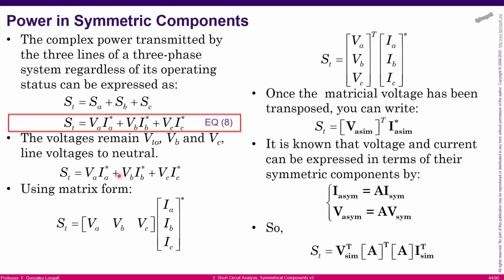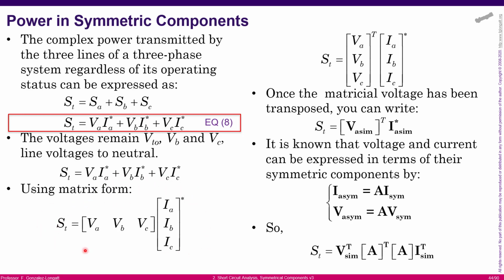In this case, you can see we will do a very important trick here, okay? What we want to do is first convert this equation from this linear form into a matrix or vector form, okay? What we can say is here we have the product between voltage and the conjugate of current, three times, one for phase A, one for phase B, and one for phase C, okay?